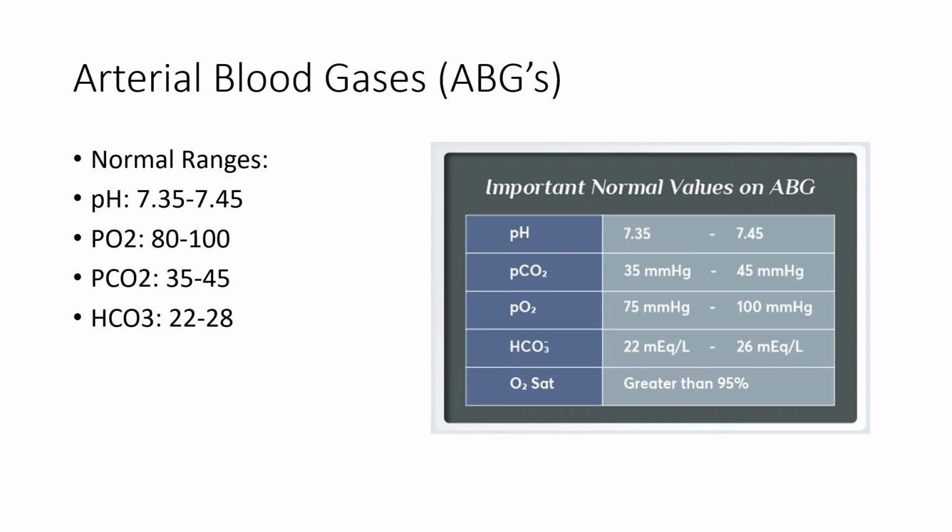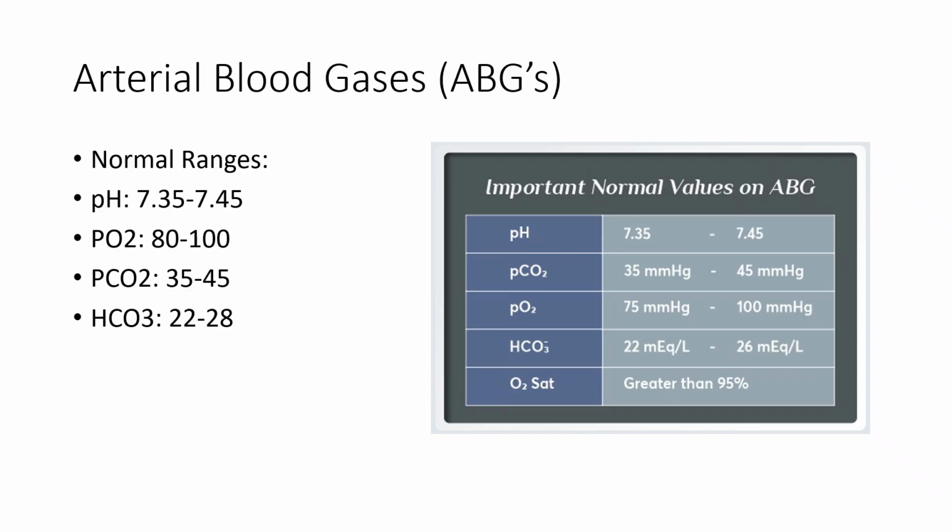When a patient's partial pressure of oxygen is low, that's when we'll increase the FiO2. But if their partial pressure of oxygen is high or normal, we can start titrating down on that FiO2. But another advantage of ABGs is it allows us to manipulate certain factors that are causing a disruption to a patient's acid-base balance.